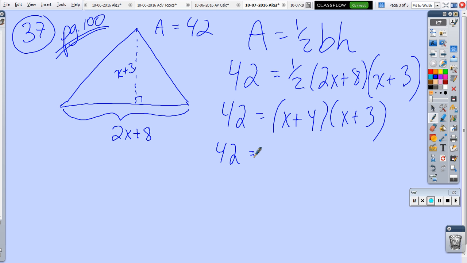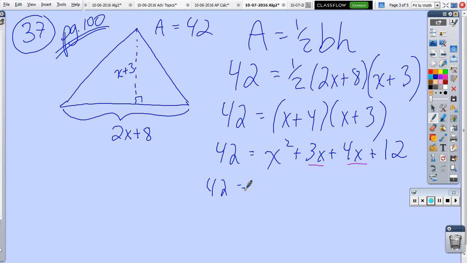X times x is x squared. X times 3. 4 times x. 4 times 3. Yeah. Now we can combine like terms. Let's see if these are alike.